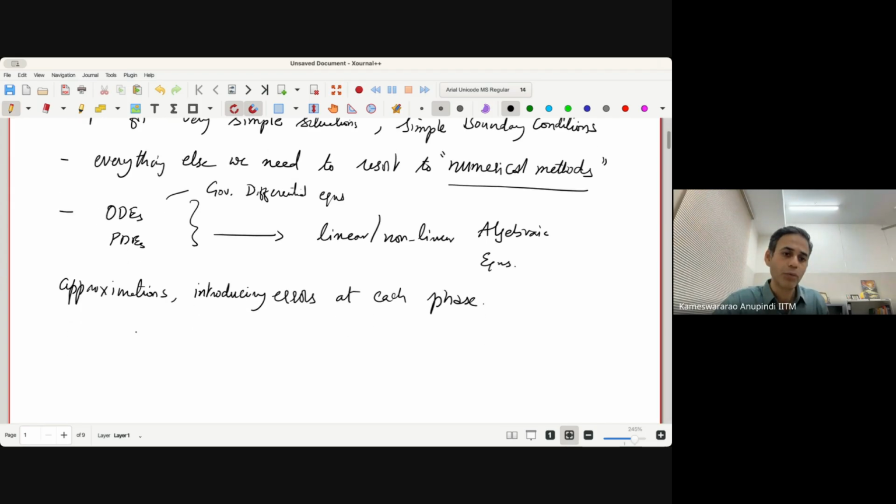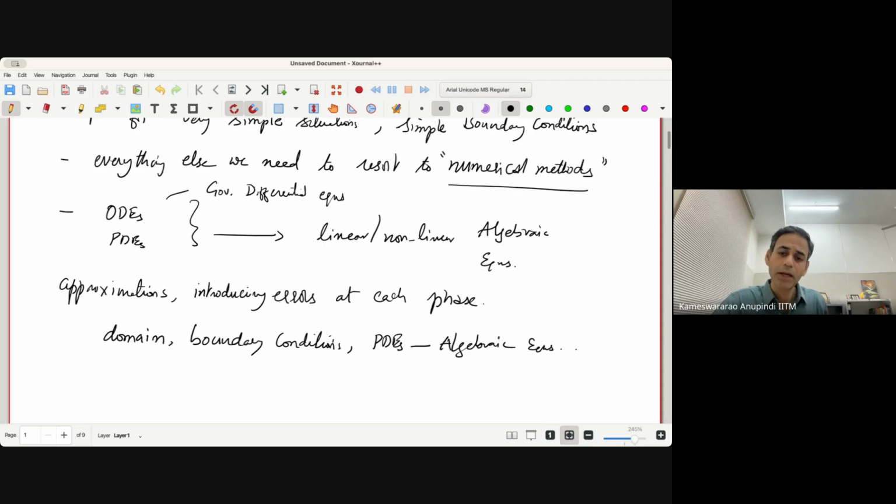That means we introduce errors in terms of identifying the domain, in terms of applying the boundary conditions, and in terms of converting the partial differential equations into algebraic equations.